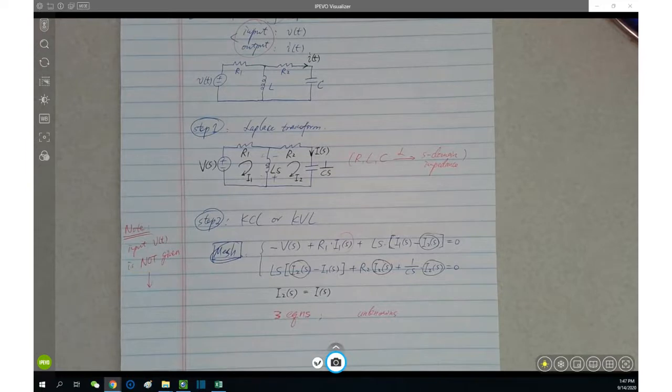The system should not care who the input is. In other words, no matter what the input is, your system should behave in the same way in terms of the transfer function. Does that make sense?